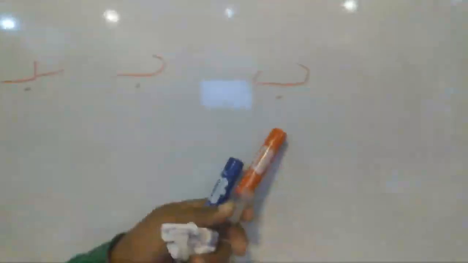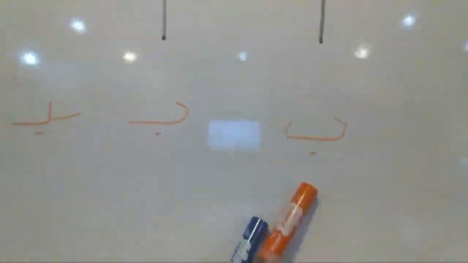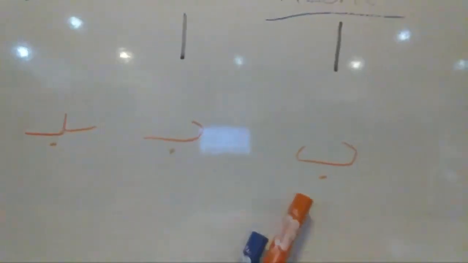Okay, look. Yeah, it's the ba like this. The right side is supposed to be higher than the left? No, that's a mistake. It's supposed to be even. That's a good question. Ba by itself, ba in the beginning, ba in the middle, and ba in the end of a word, like that. Okay?